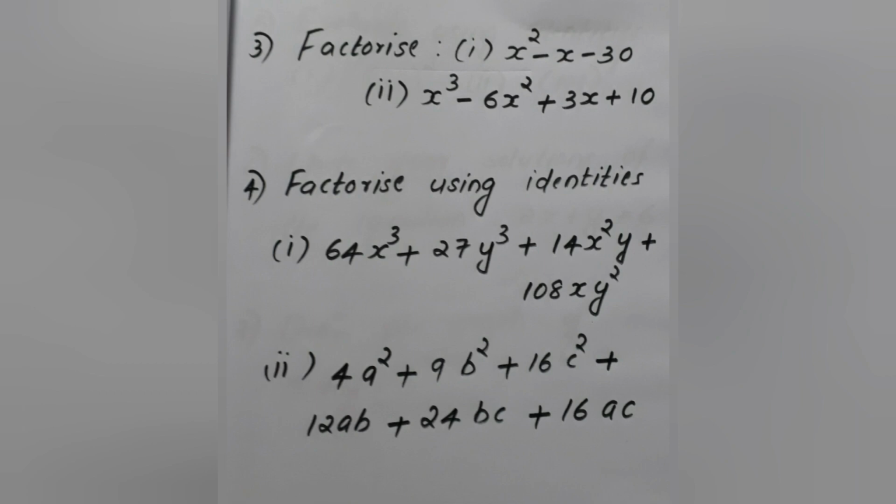Next question, x cube minus 6x square plus 3x plus 10. You have to factorize using the division rule. Then next, factorize using identities. Different identities are given. You can use an identity and factorize.